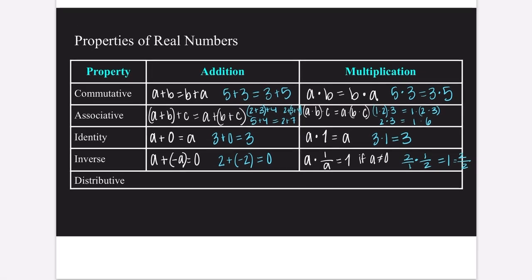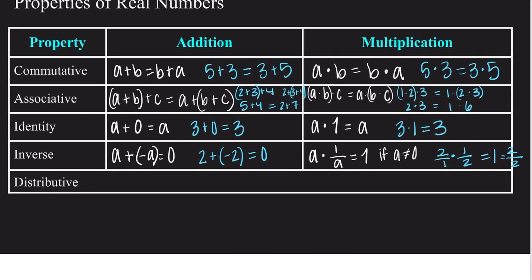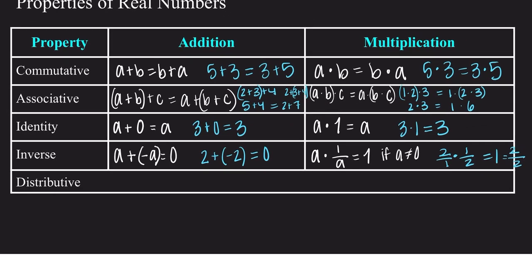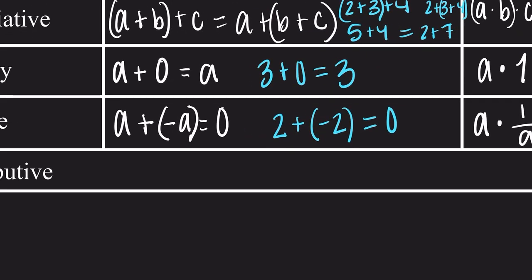All right, and last property is the distributive property. What this says is if we have a number multiplied by 2 numbers being added together or subtracted, you could do any of this.